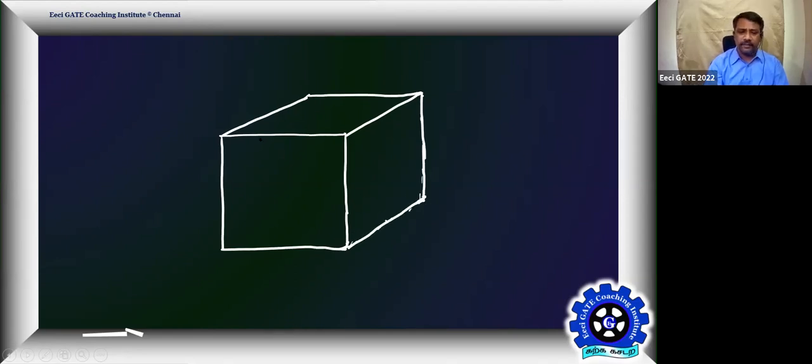Okay, that's my metal block. That's what we call a load cell now. This metal block, I'm giving the name as load cell.